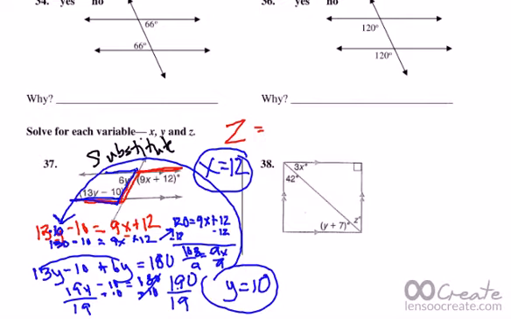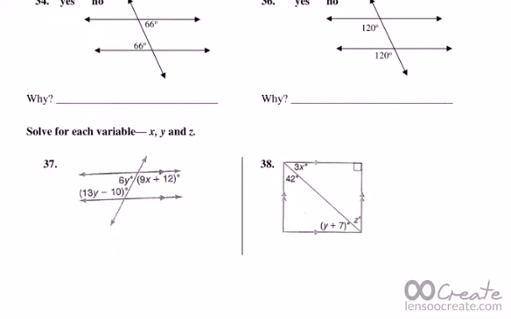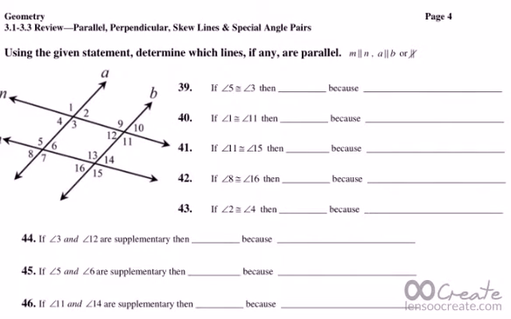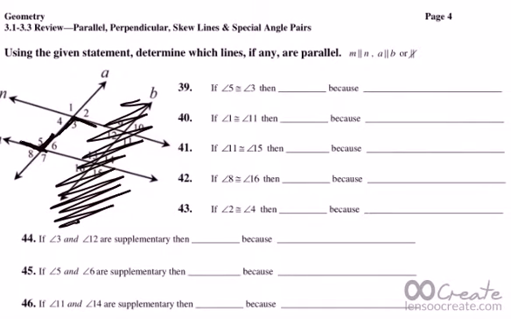The last questions that I want to quickly go over are the questions at the top of page 4. I want to look specifically at a couple of these angles. If I'm looking at 5 and 3, if I look at angle 5 right here with angle 3 right here, I notice that it's only dealing with the left side of my picture. I'm going to cover up those two angles.